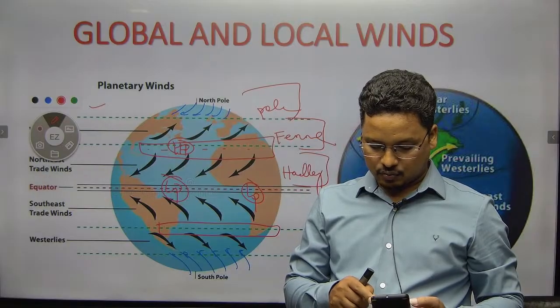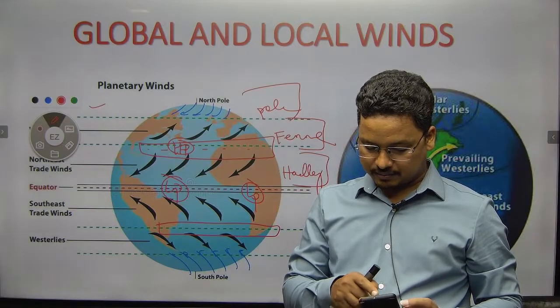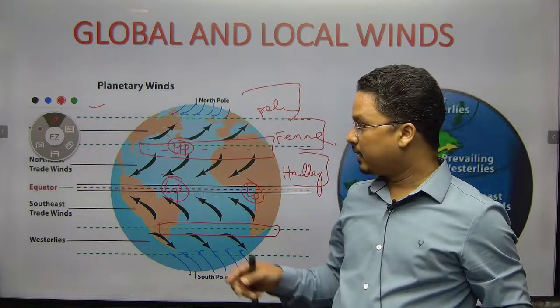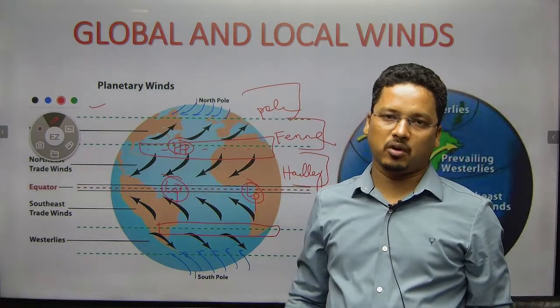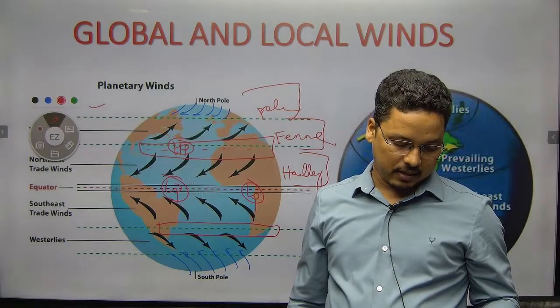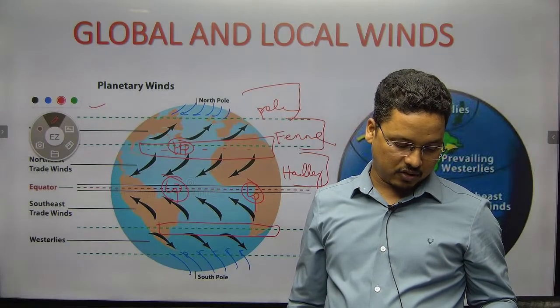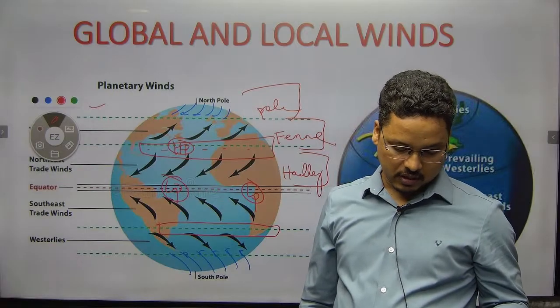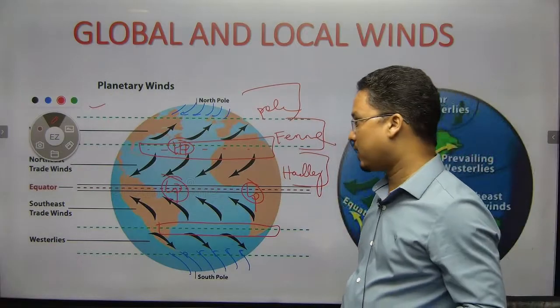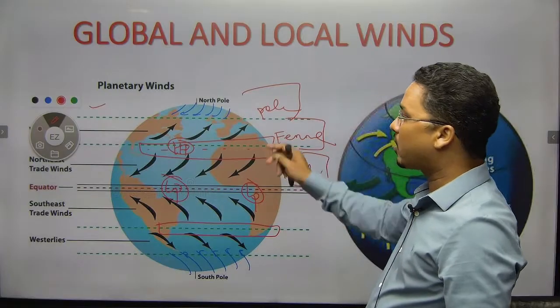These winds are formed due to the circulation of the tricellular model, or you may say atmospheric circulation. Due to this atmospheric circulation, this wind comes to exist.